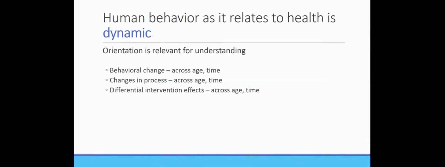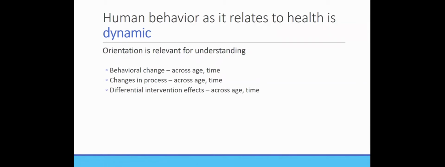And a third reason why I think this dynamic perspective on human health and behavior is really important is that many of us have analyzed data from behavioral interventions, or actually run some of them, and we know that an intervention effect, the intervention is on or off, but the effect of the intervention is not black and white.